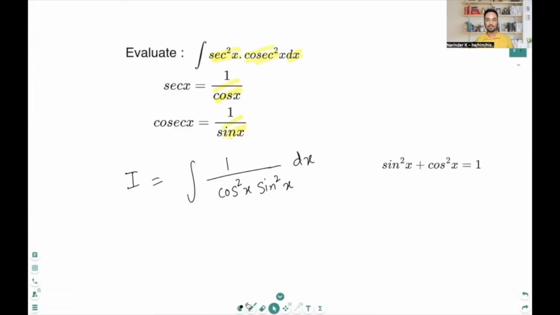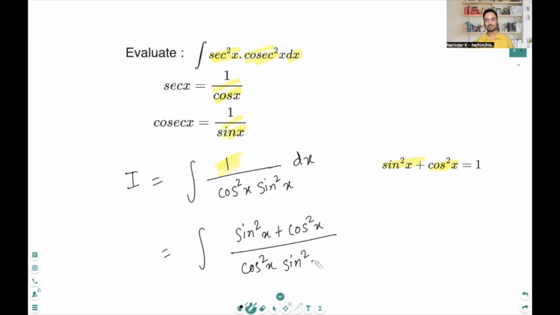That means we can write the numerator here, which is 1, in the form of sin²x plus cos²x. So if I write the numerator as sin²x plus cos²x, and the denominator is cos²x times sin²x. Now, we can use the property of fractions that a plus b over c can be written as a over c plus b over c.